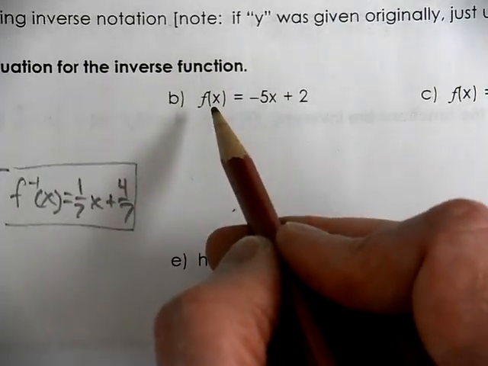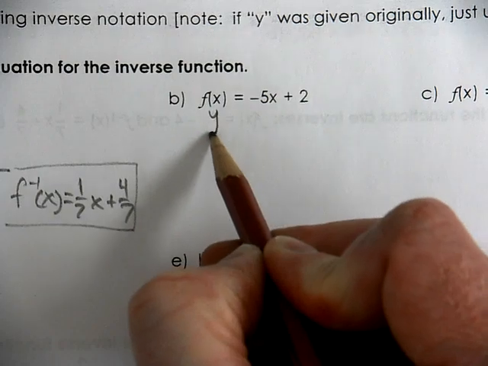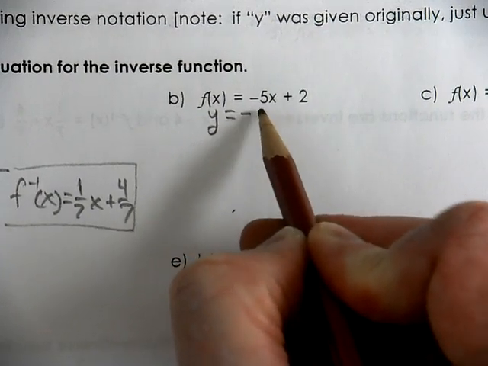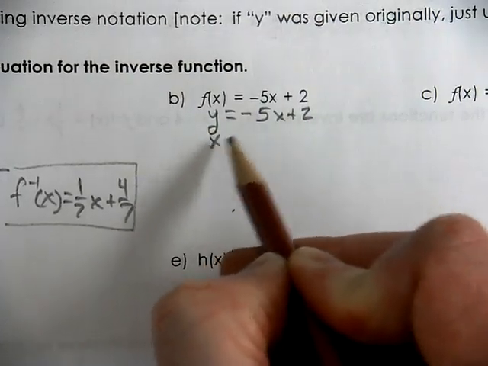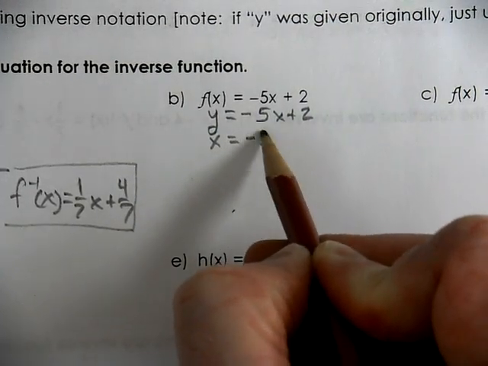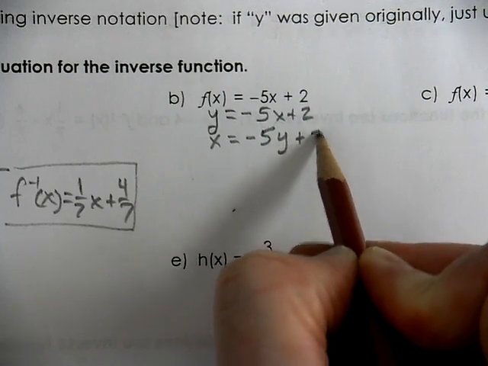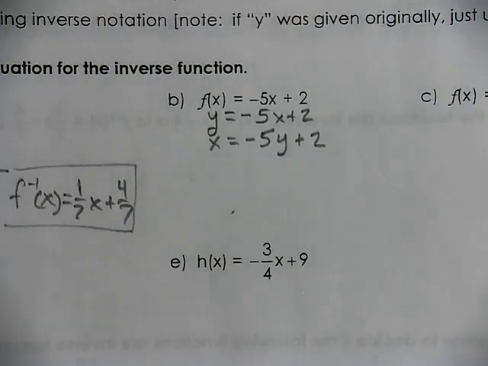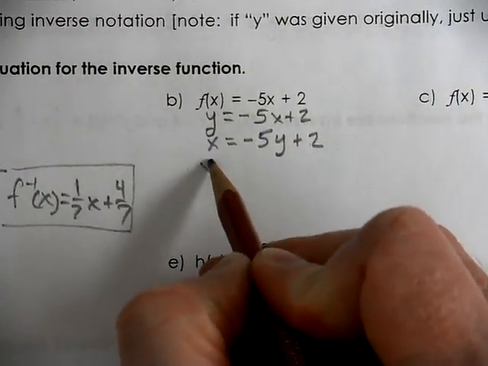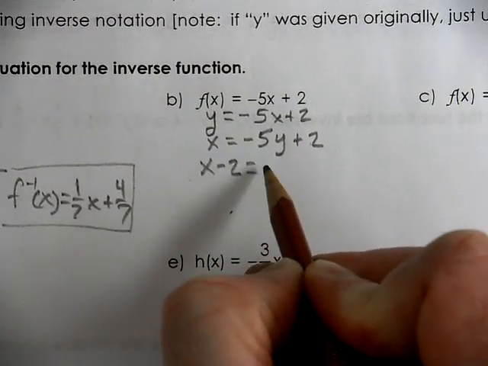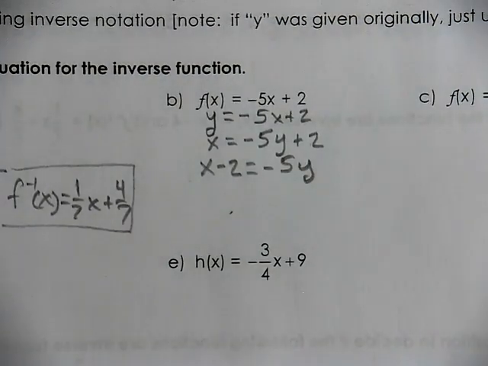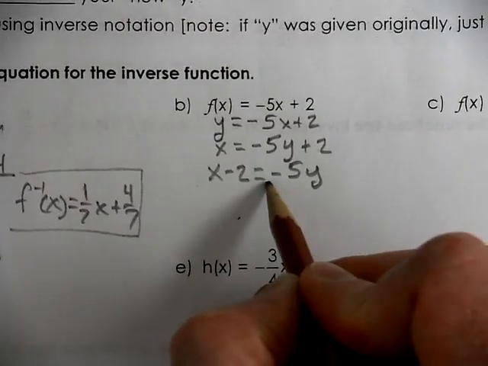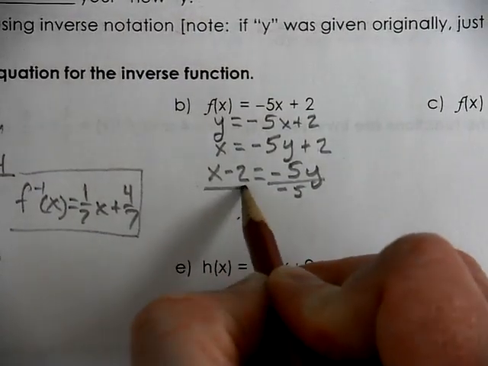Here we're using f of x, so we first switch that over to a y, so it's not quite as complicated looking. Then we switch our x and the y around. We just put the y where the x was. Then we'll subtract the 2 across. And then we'll divide by the -5.